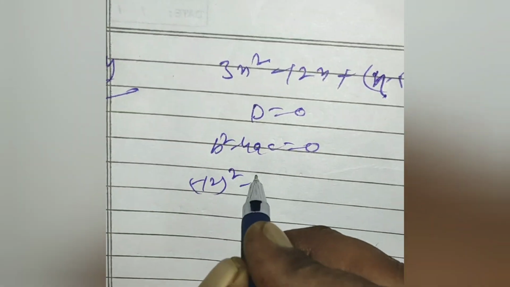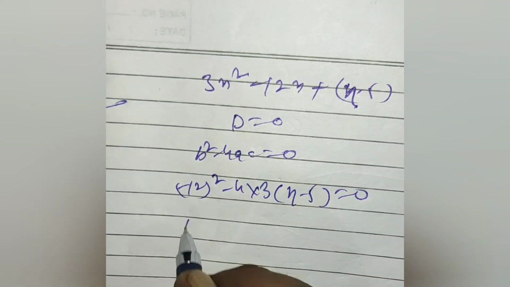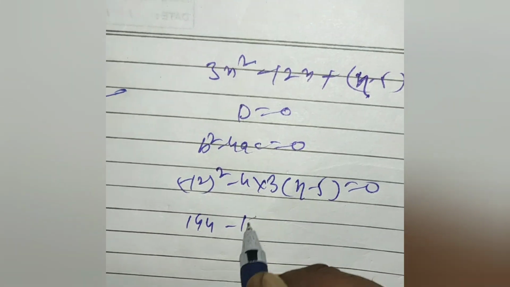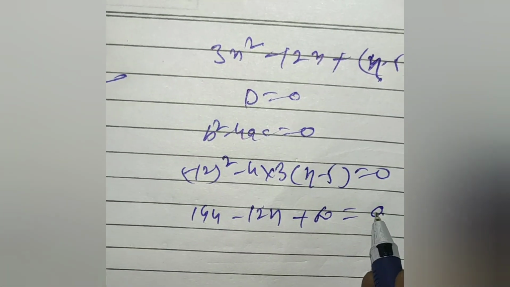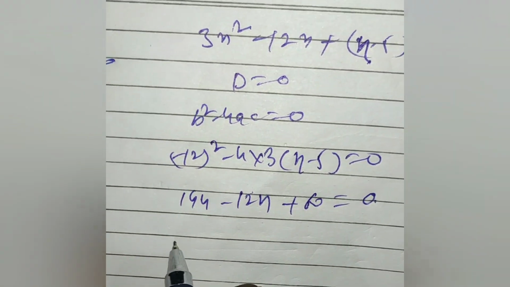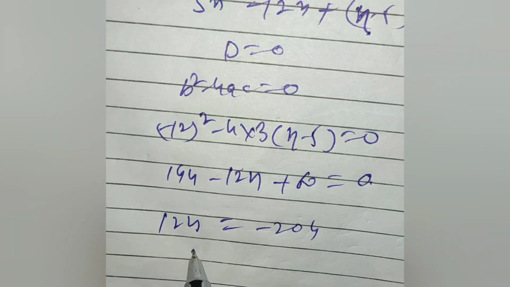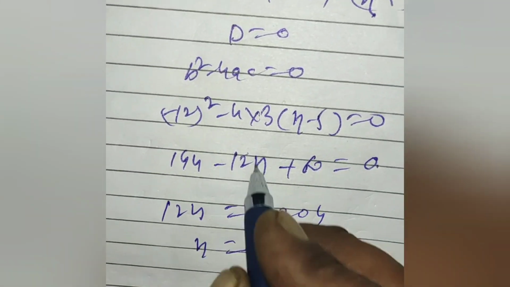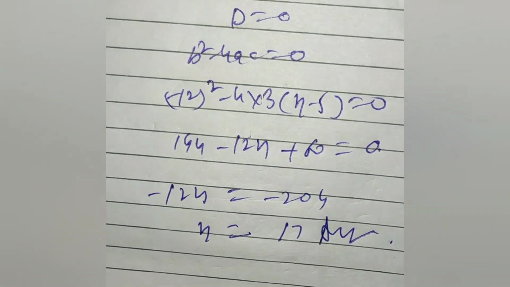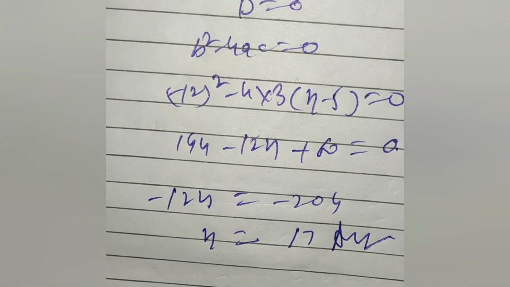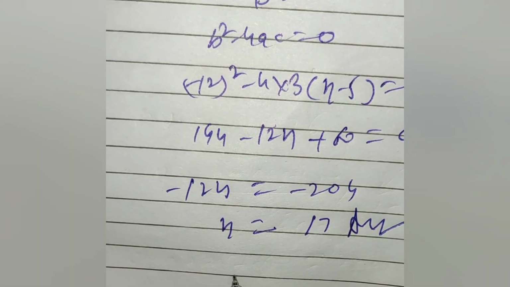Minus 12 whole square minus 4 into 3 into n minus 5 is equal to 0. 144 minus 12n plus 60 is equal to 0. Then this will be 12n is equal to 204, n will be equal to 17, which is your answer.